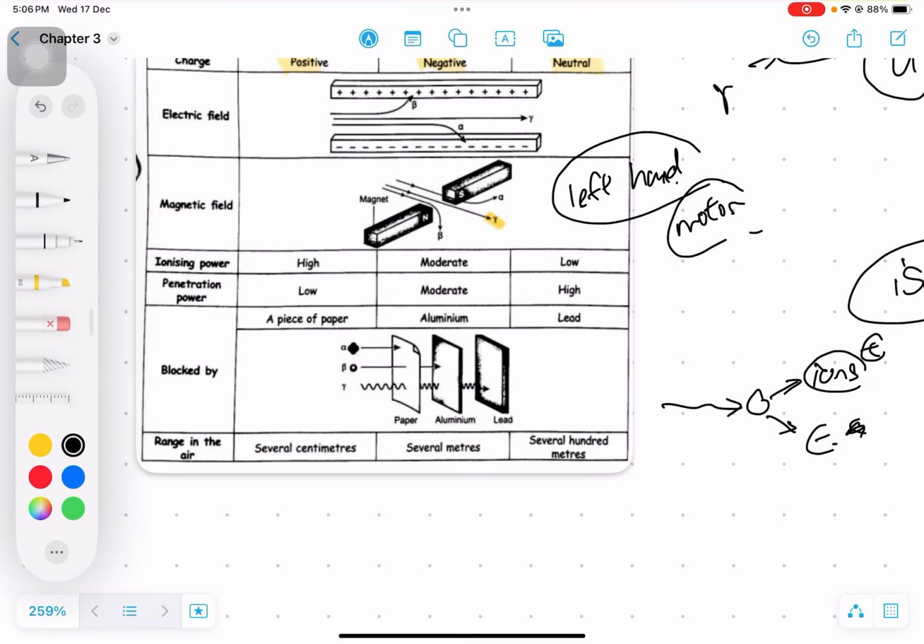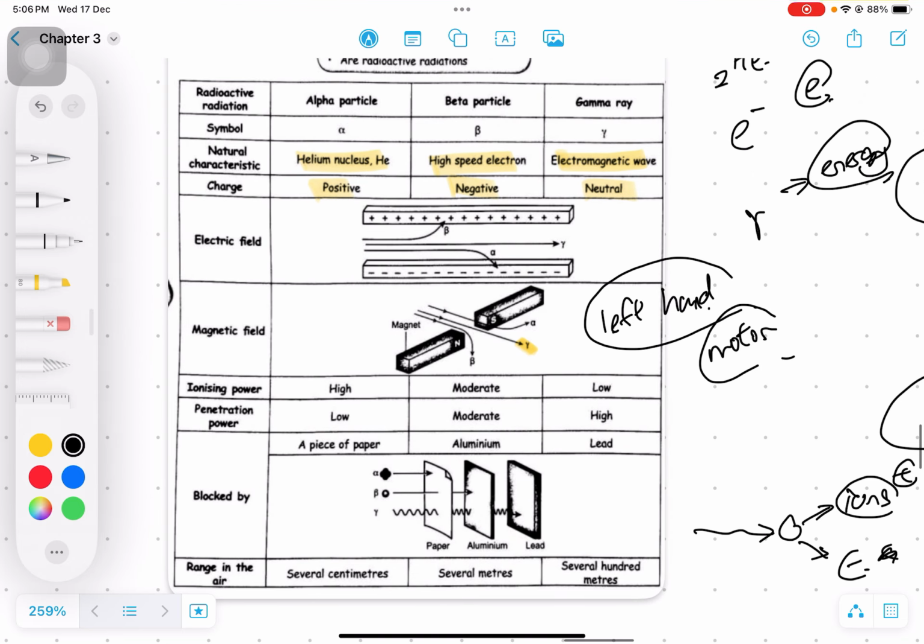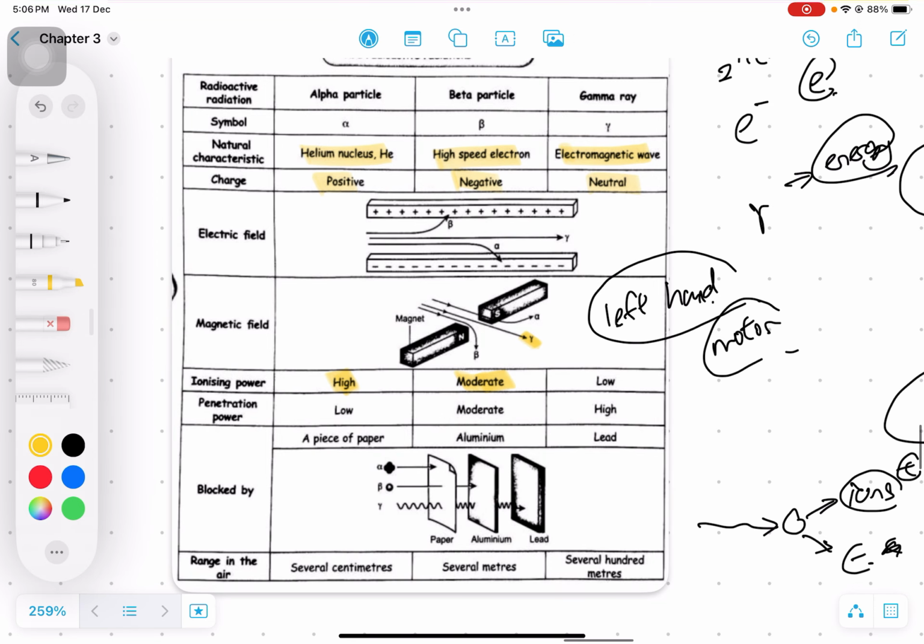So if the alpha particle is quite heavy, it can knock a lot of particles before it comes to a stop. With its bigger size, it can knock a lot of particles. That's why we call it high ionizing power. Beta is moderate because it's just an electron, and gamma is low because it's just energy.